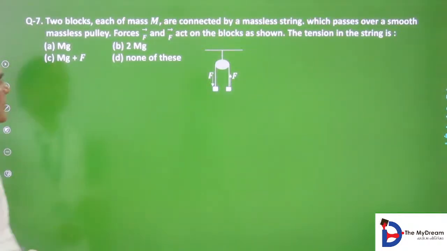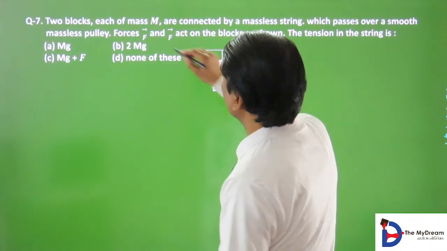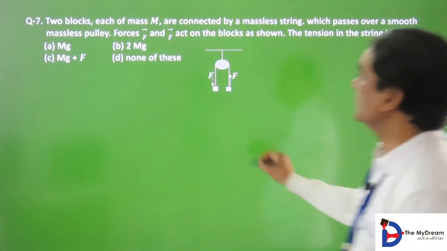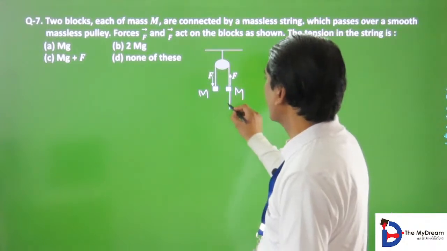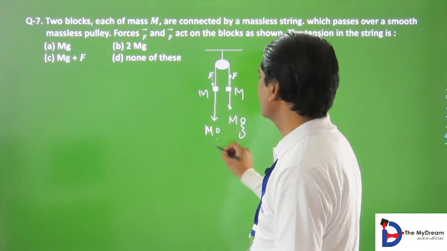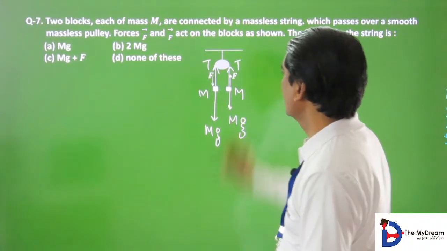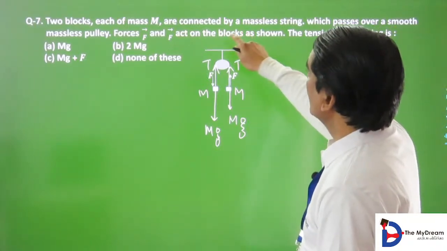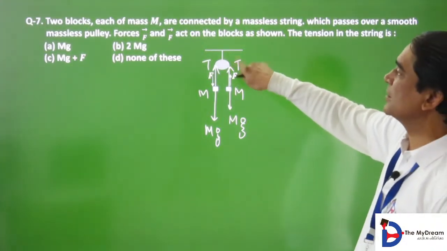Now the next question is, first of all, you can see the question. Two blocks each of mass m. This one has mass m, this one also. The weight of this is mg, the weight of this is also mg, and the tension is T, yes, are connected by a massless string which passes over a smooth massless pulley.